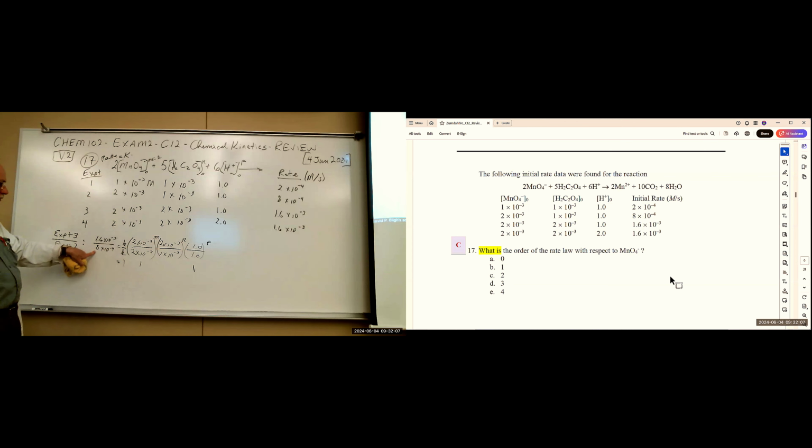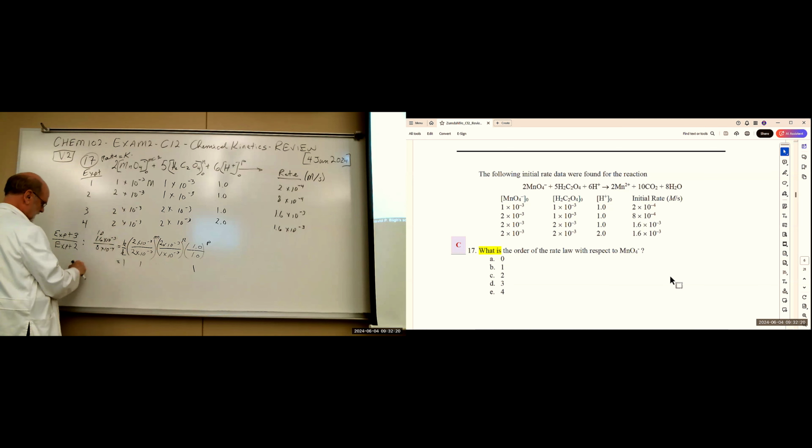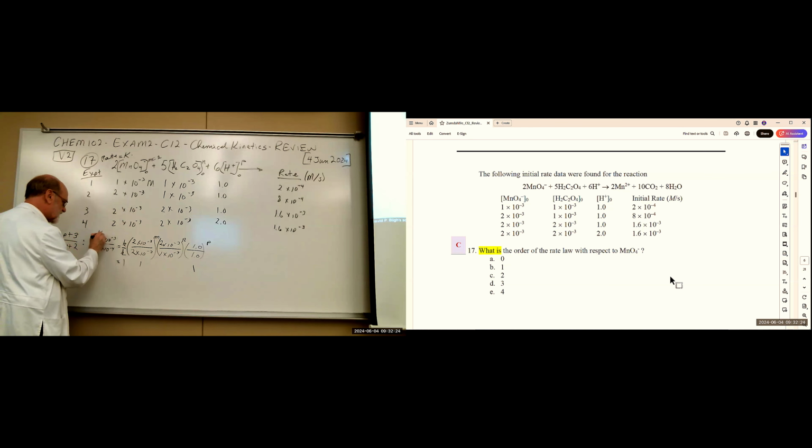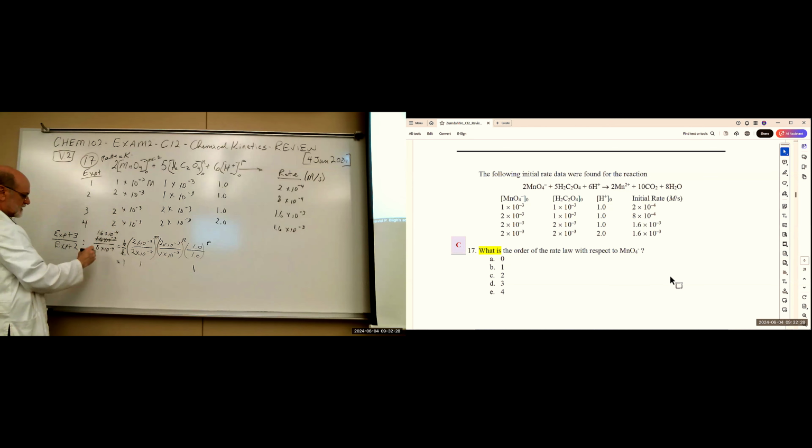What's 8 times 10 to the minus 4 divided into 1.6 times 10 to the minus 3? The easiest way to do that is to make these powers the same. So this is the same as 16 times 10 to the minus 4, right? So 8 into 16 is 2.